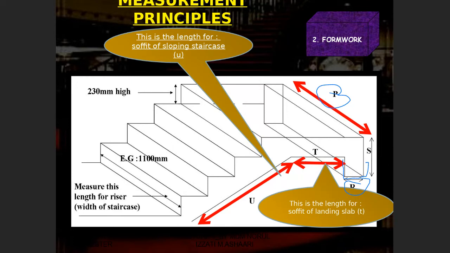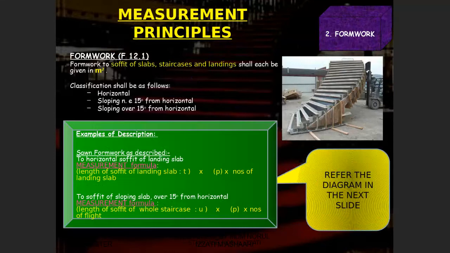Okay, F.14.1 horizontal. That will be the summary for the items that you have to measure for the landing beam, landing slab, staircase, and so on. The detail, you can go through all of these. For example, I have mentioned here how to write the description.